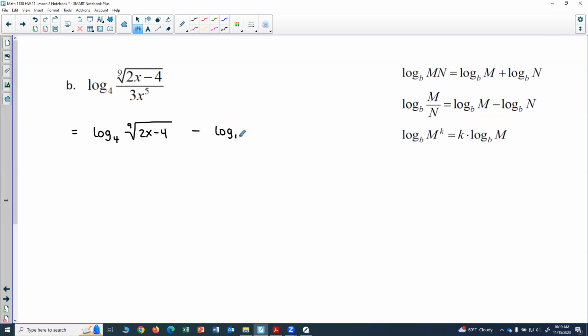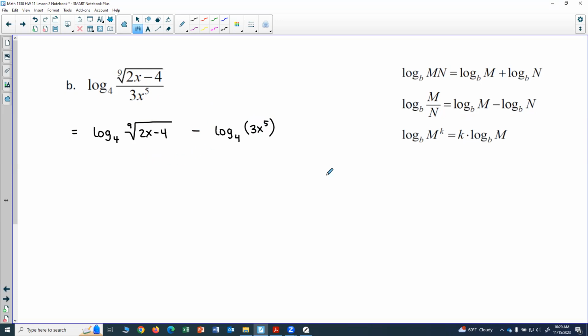Notice I'm keeping the same base when I split it. So I have log base 4 of 3x to the 5th. So first I used the quotient rule and split it into 2 logs with a subtraction between. And the denominator of the argument is plugged into the subtracted log.